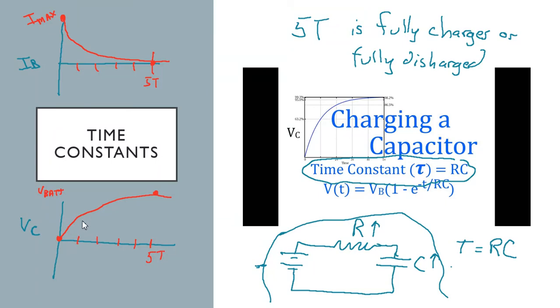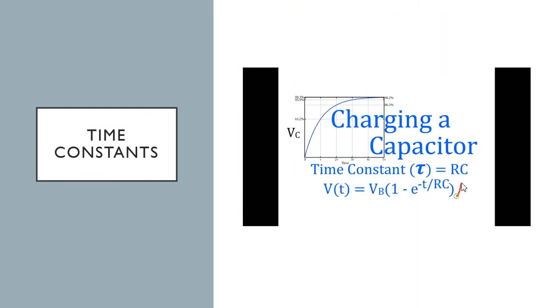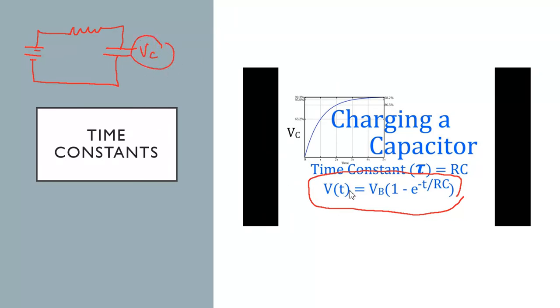So how do we know where we are in time? So that gives us this equation right here, where we could say the voltage across the capacitor, let's go back to this drawing. There we go. So this is the capacitor. This would be the voltage across the capacitor equals the voltage of the battery, which is the maximum it's going to get to, and then it's going to be times kind of all of this stuff.